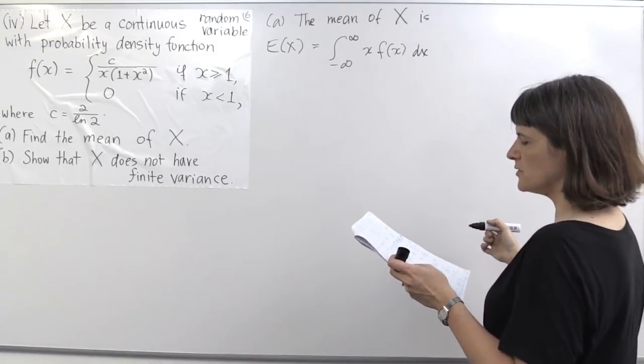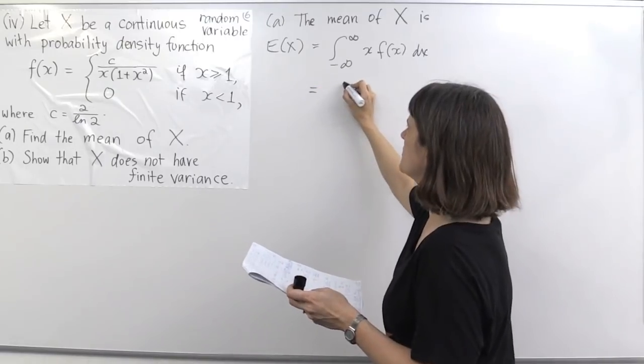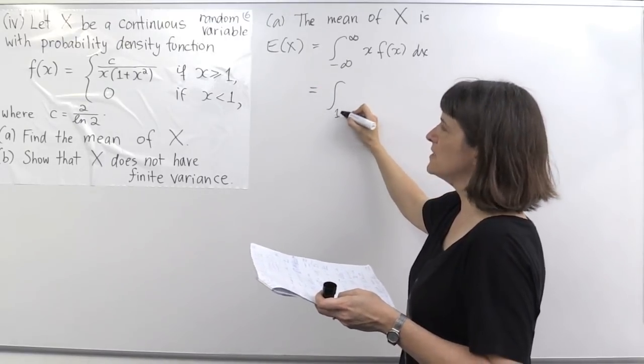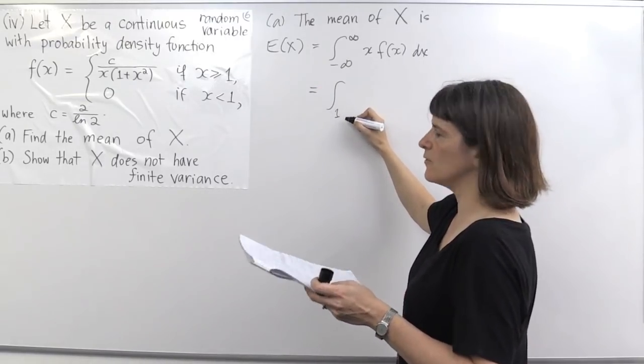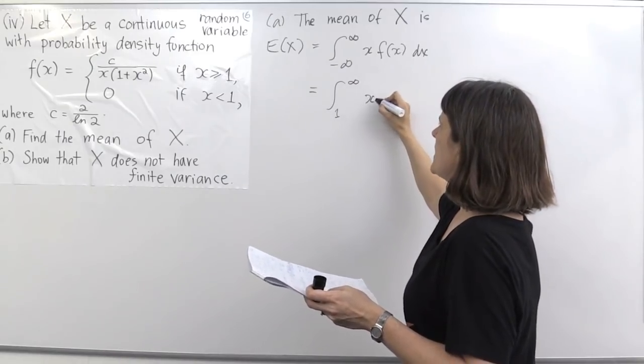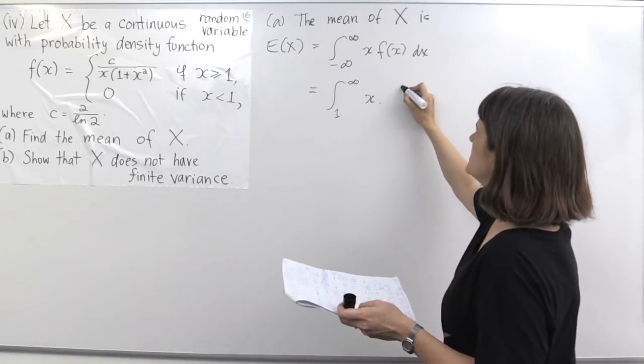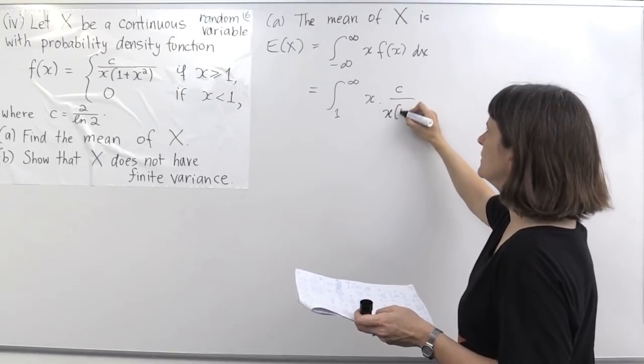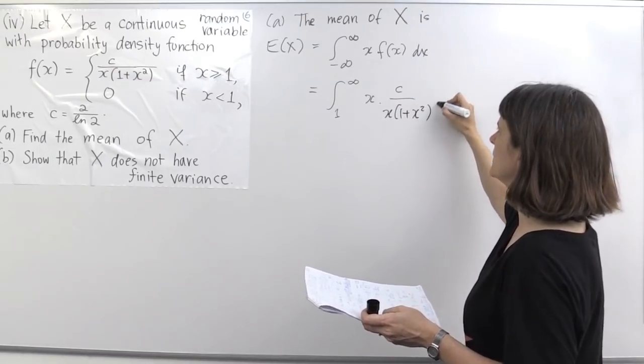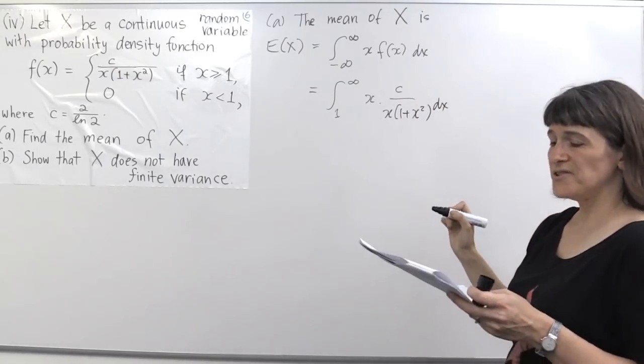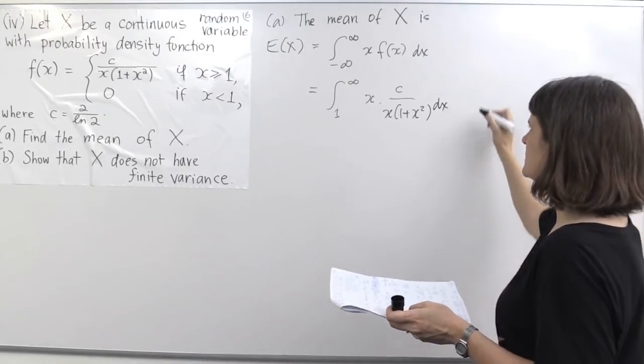And now we substitute the particular value of f of x, which is 0 below 1. So really we're integrating from 1 to infinity x times this thing, c over x times 1 plus x squared dx. And as you can see, the x is going to cancel.